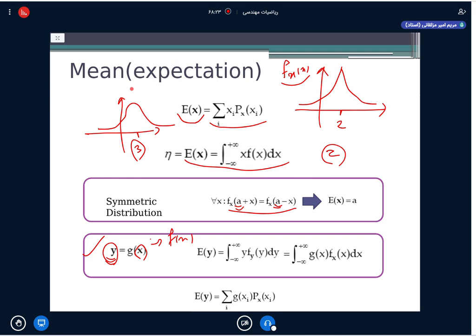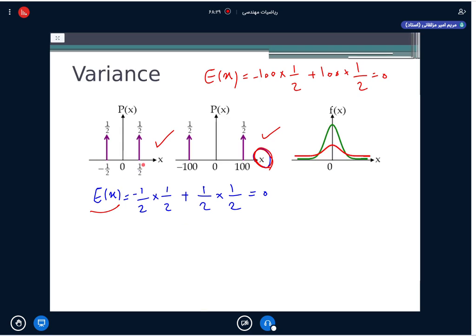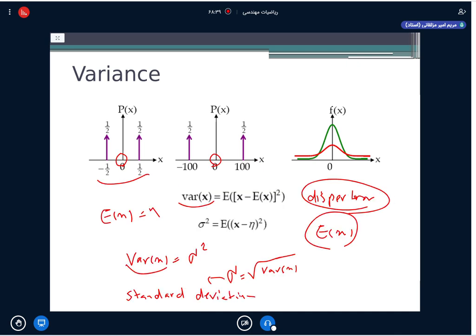It means the mean of x, or expectation of x. But expectation of random variables doesn't give us any information about dispersion of random variables. So here we defined variance of x.